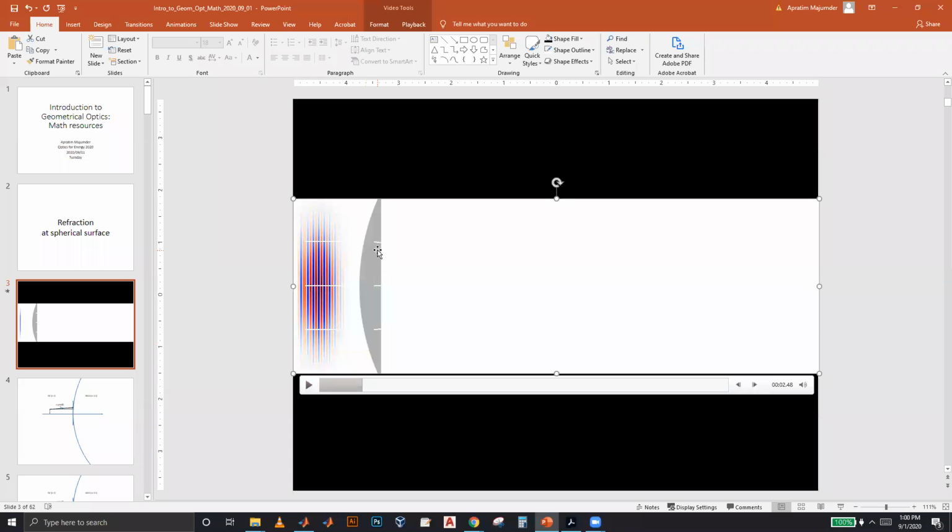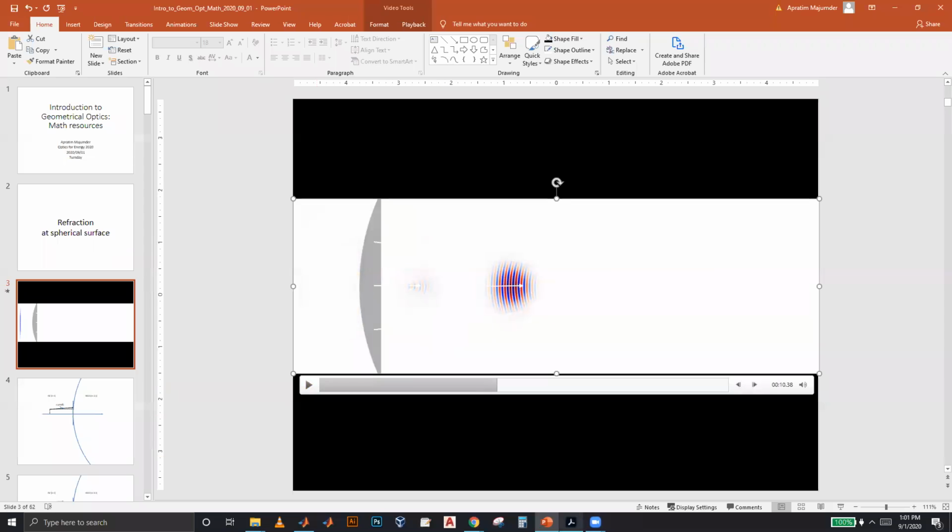You can see when this animation was created in the software, I assumed glass for the lens, and most of the energy, from the color difference, is going into the lens, but some energy is actually getting reflected back. The intensity of the color determines how much intensity of light there is. So most of the light went through the lens, but some light did go back out. So some light was reflected back.